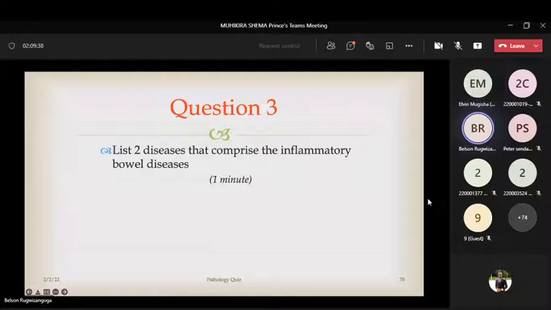I think I explained this because the patients with untreated gastric ulcer tend to have metaplasia, then dysplasia, then cancer. Okay, thank you. So if there's no question, then we go to the next part.